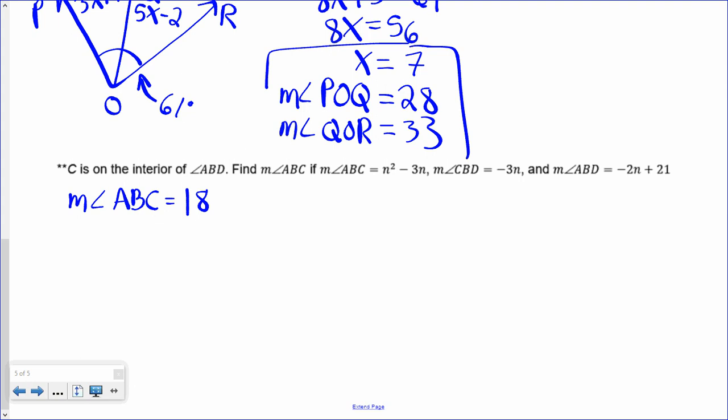Okay, guys. Wait, are we finding ABD or ABC? Oh yeah, finding ABC.